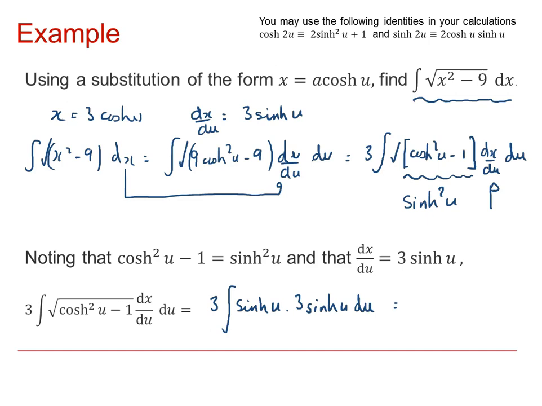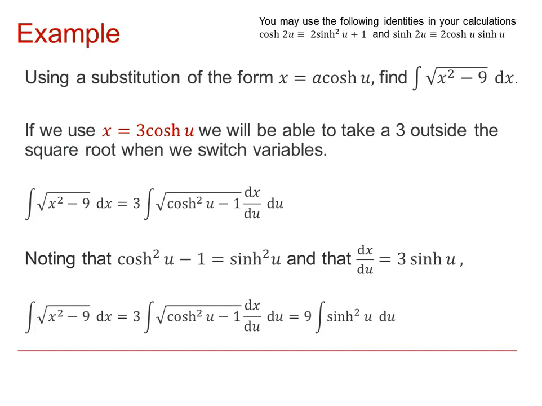So in total, once we've made the whole of the substitution and simplified it, we end up with 9 times the integral of sine squared u du. Let's just look at that one more time.